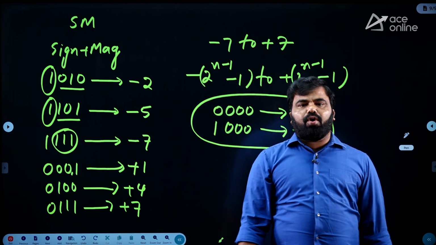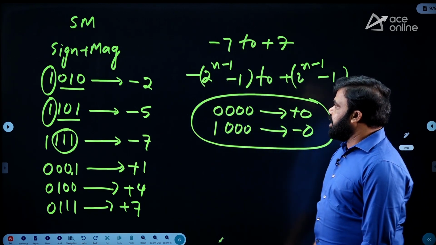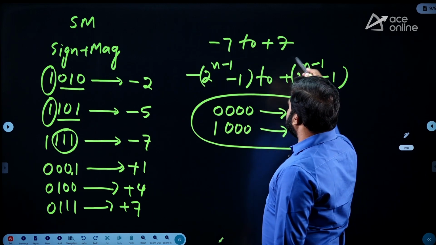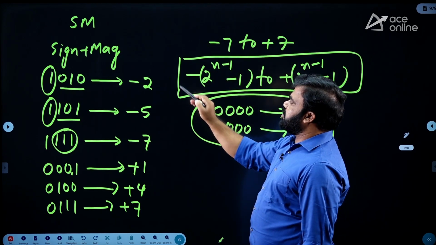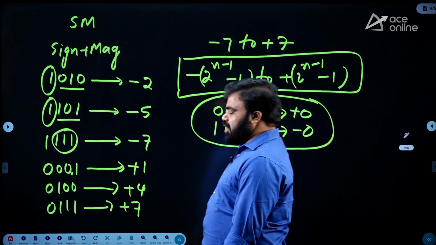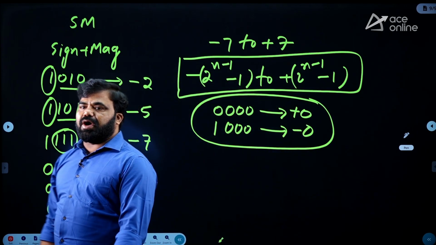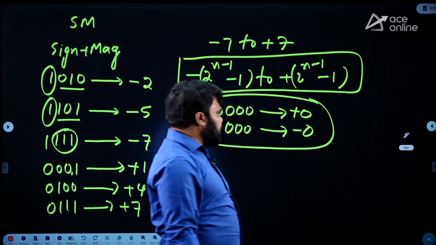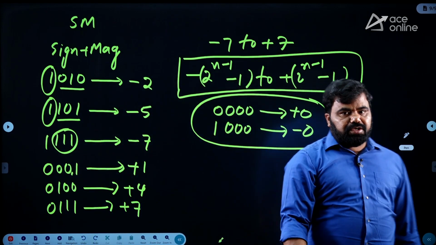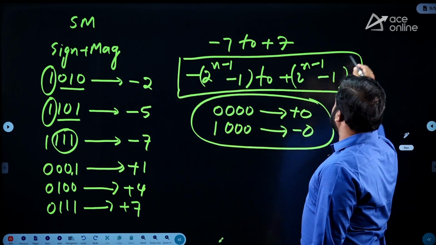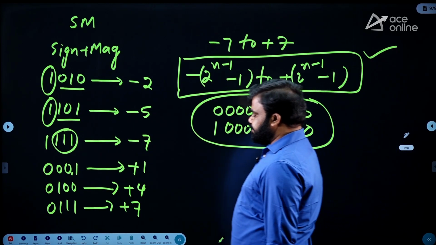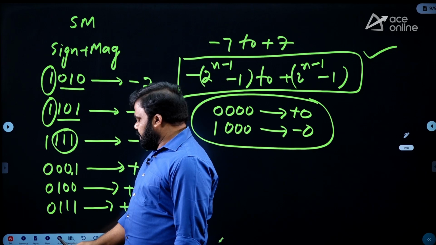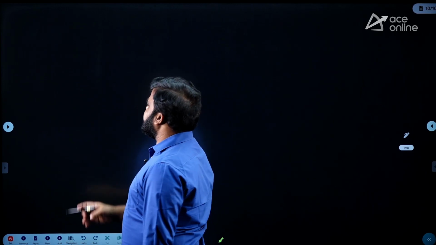That is a drawback of the signed magnitude representation. The range is this, and it has 2 representations for 0: one is plus 0, the other is minus 0. So the range is minus (2 power n minus 1, minus 1) to plus (2 power n minus 1, minus 1). Right, that is signed magnitude.